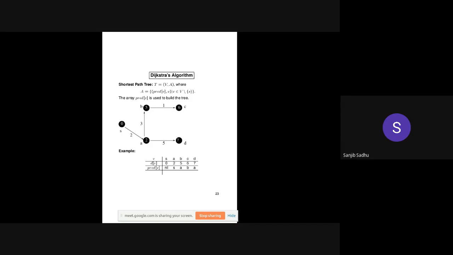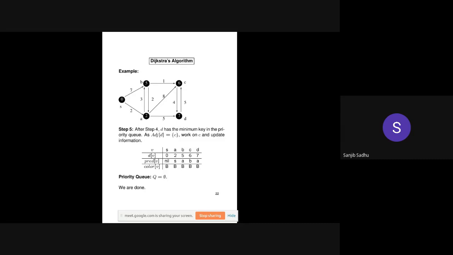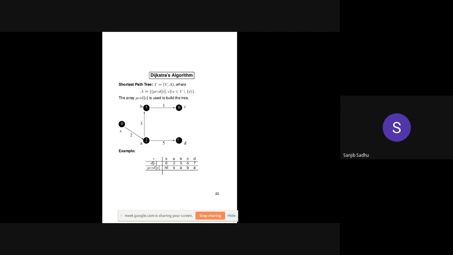For example, this table is shown again on the next page, that color part, all the vertices are black, fine. So we are not considering this, but you check only V, DB and preceding values.